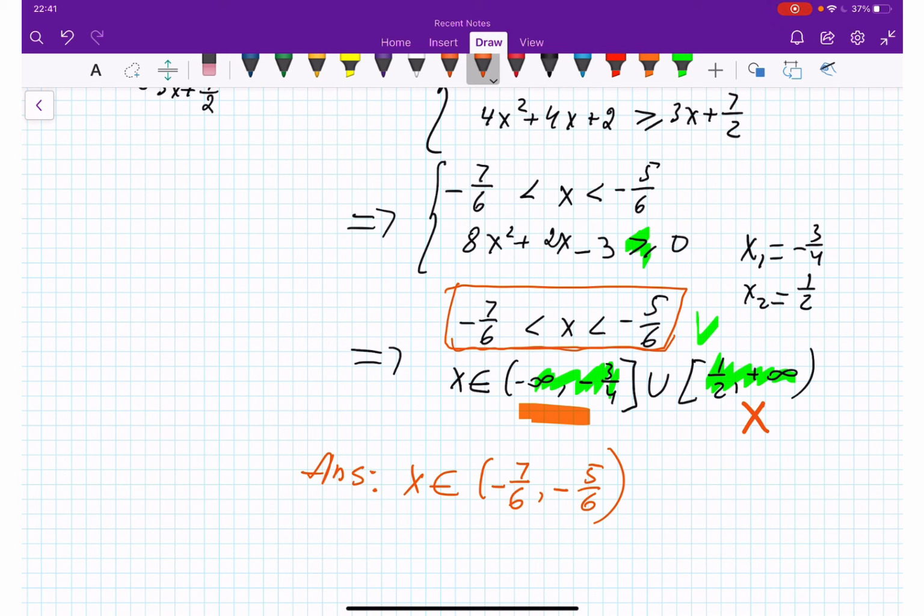Therefore, that area is going to be the common one, and this is going to go as an answer.